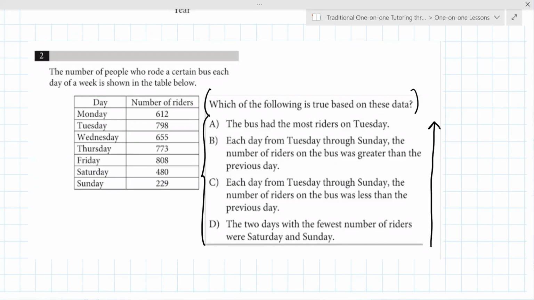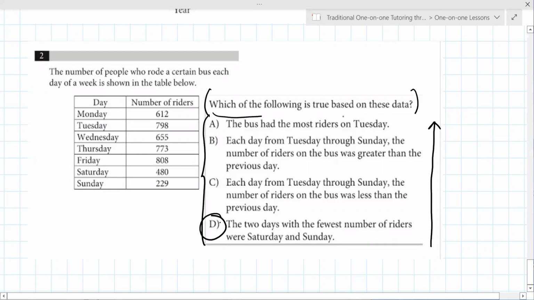I got D as true. So the fewest number of riders were Saturday and Sunday. That looks to be true. Yeah. So whenever you see which of the following, and this is totally common in college, you definitely start from the bottom up.